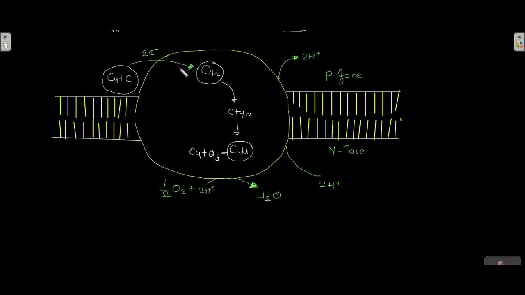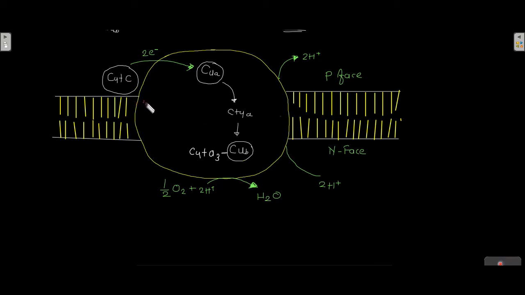Because of this, the energy which is released here is utilized to pump protons from the matrix of mitochondria to the intermembrane space. Protons are going from the matrix to the intermembrane space because of this movement of electrons in your cytochrome oxidase.